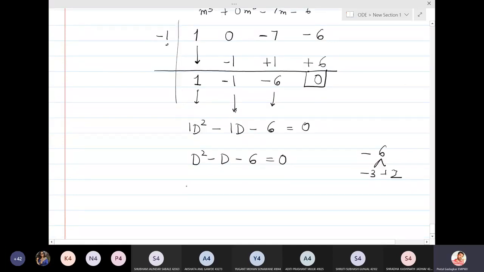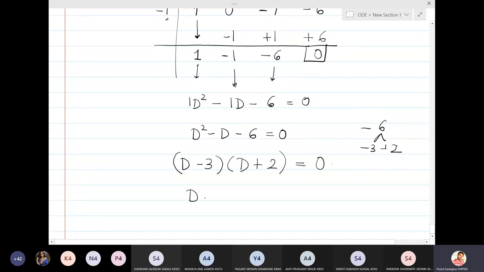So I'm going to get the factors as d minus 3 and d plus 2 equal to 0. I hope I'm right. So I got the two roots here. D is equal to 3 and d is equal to minus 2.